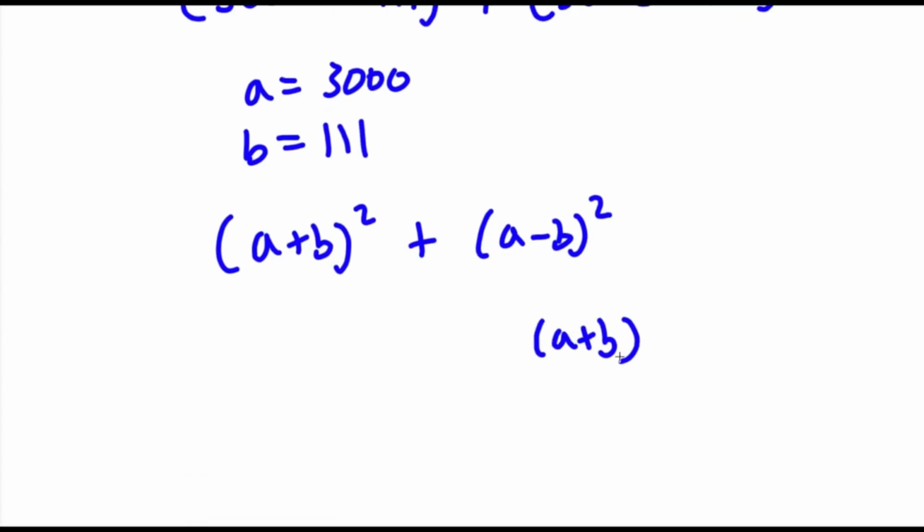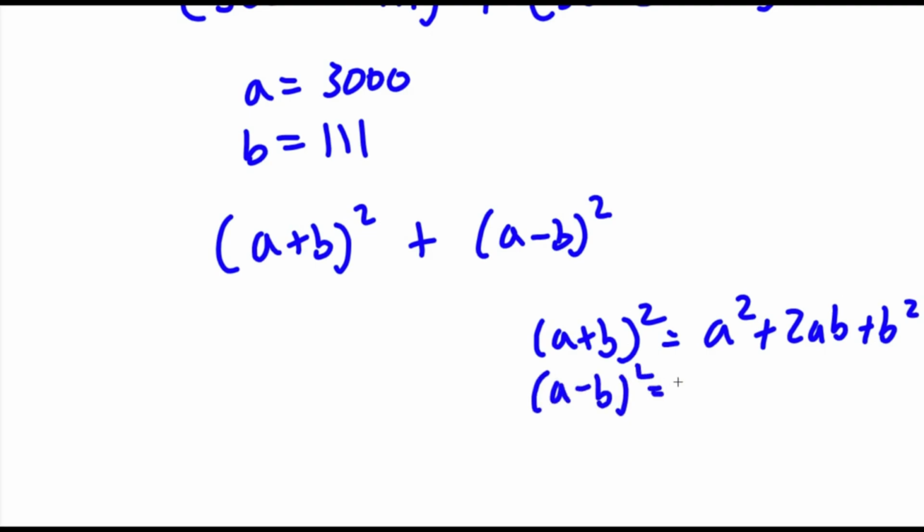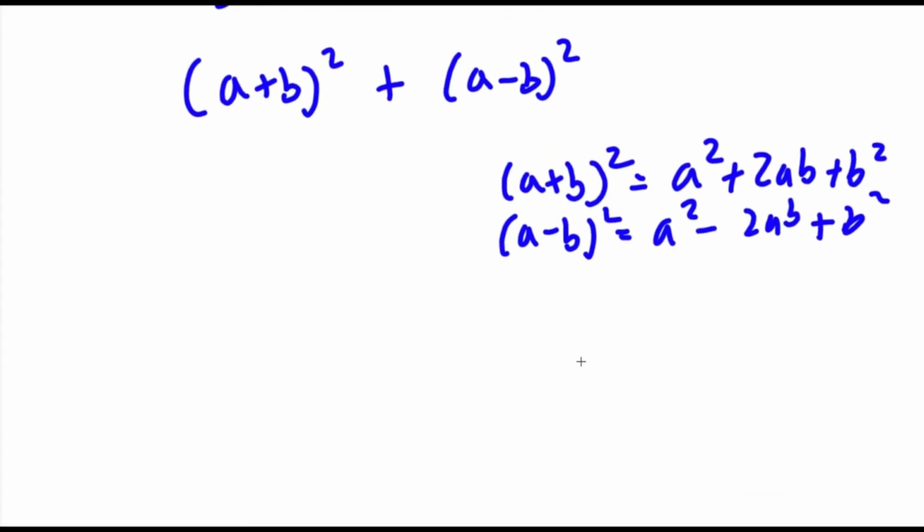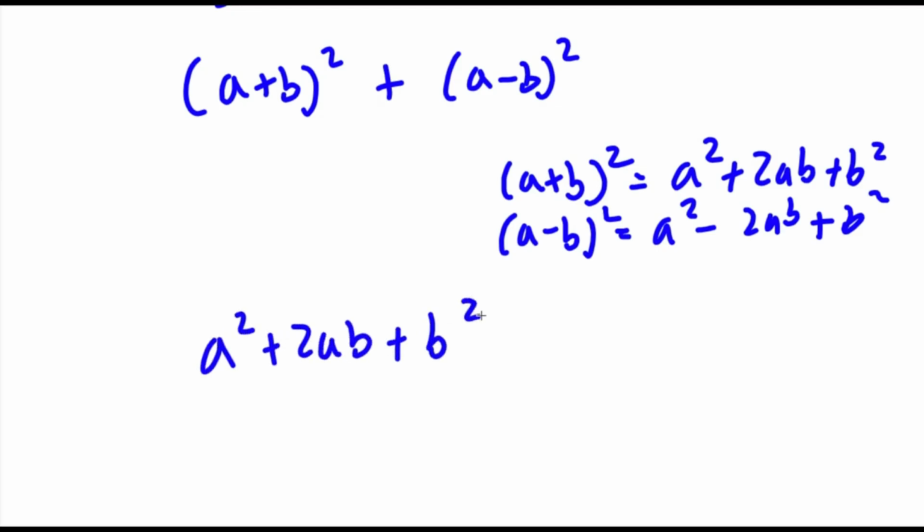Now, a plus b squared is equal to a squared plus 2ab plus b squared. And a minus b squared is equal to a squared minus 2ab plus b squared. So now, if I add these two together, I get a squared plus 2ab plus b squared plus a squared minus 2ab plus b squared.